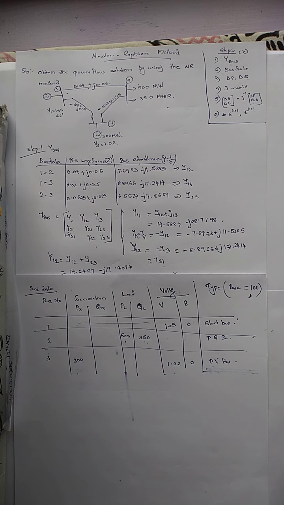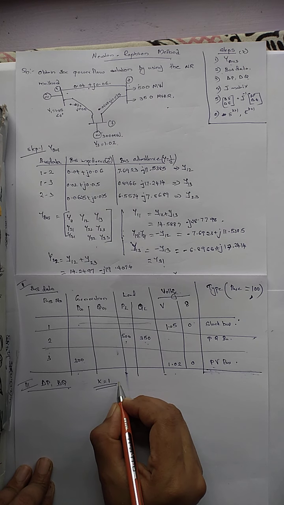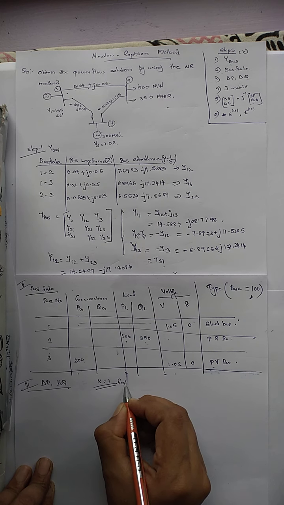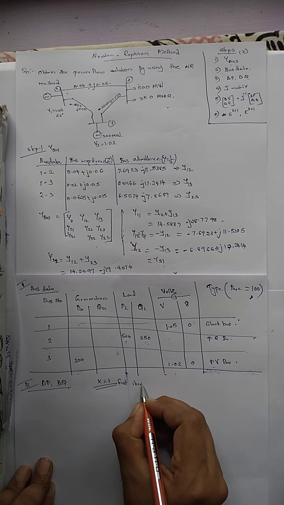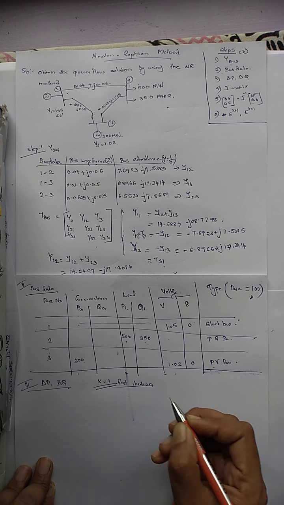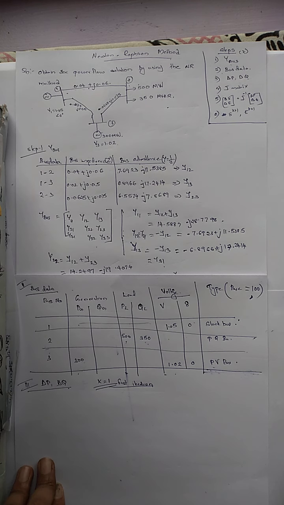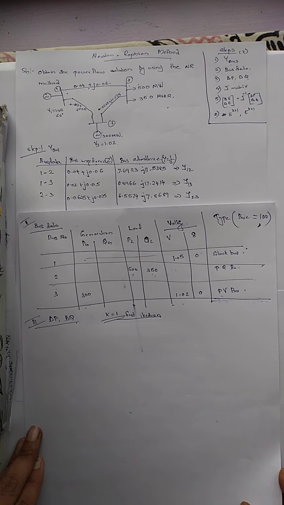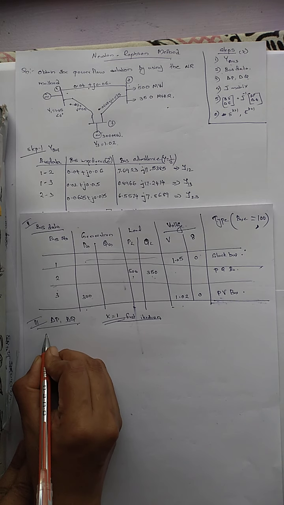And next we have to find out delta P. Okay, starting, this is my first iteration, so K value is 1. We have to find out delta P and delta Q. So what is delta Pi?